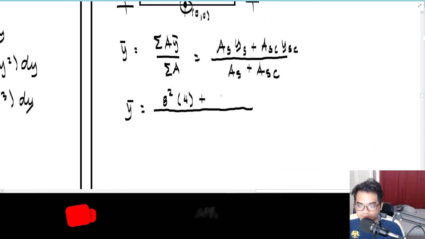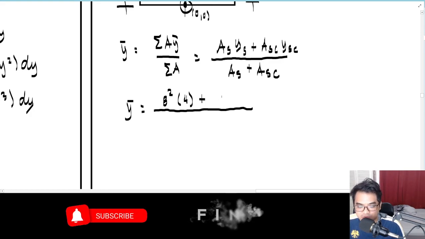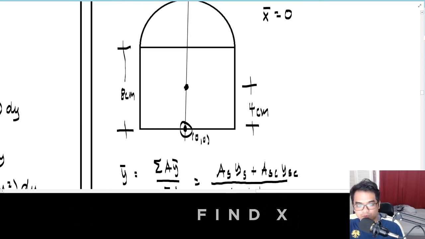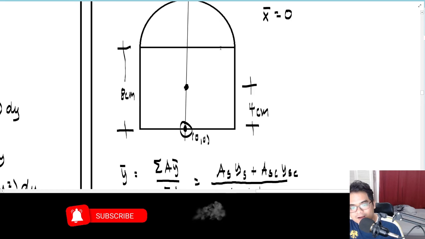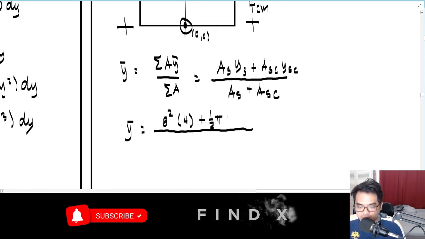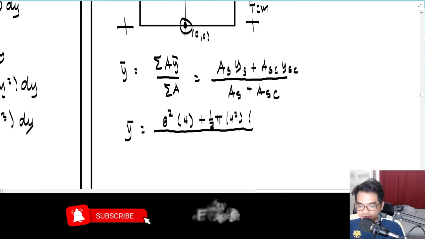Plus now the area of the semicircle. Since that is a semicircle, we have 1/2 pi and then the radius. If this whole line, the diameter, is 8, therefore the radius is just 4. So we have 4 squared, and then you still have to multiply this by the centroid of the semicircle, which we already computed.